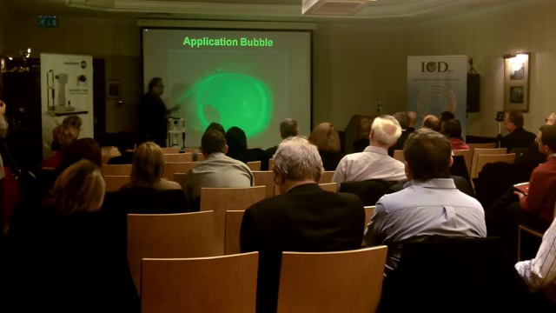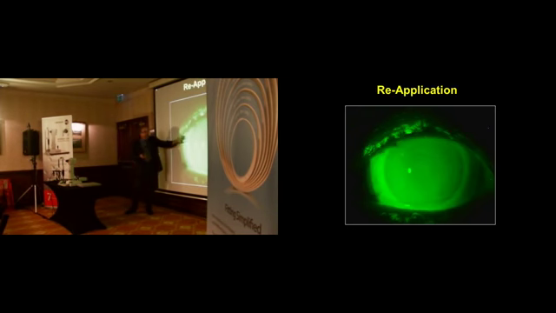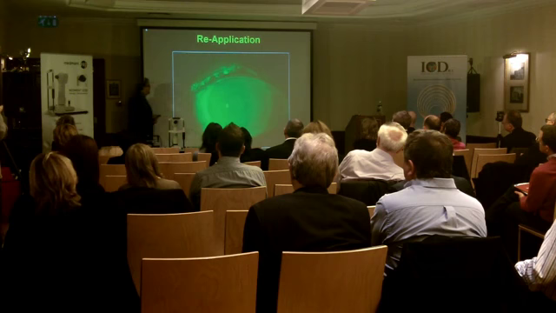What you need to do here is just simply remove the contact lens and reapply it. Unlike a soft lens where there's a bubble beneath it, you can move the soft lens around and expel the bubble. More often than not, you'll have to remove the contact lens, refill the chamber all the way to the top, and then reapply the contact lens. This is the same patient with the lens reapplied.